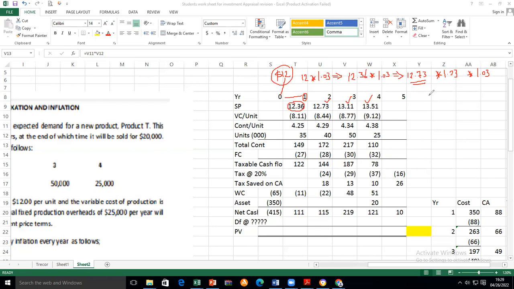Variable costs were 7.8 before inflation. Then you inflate by 1.04. What do we find? 8.11. So we take this one again, 1.04. You get the answer. So we keep on multiplying by 1.04.